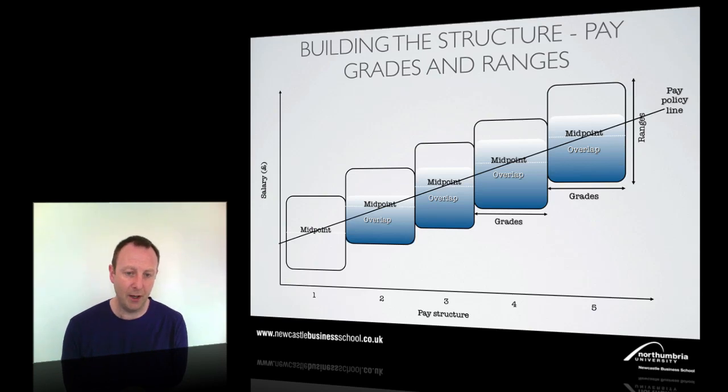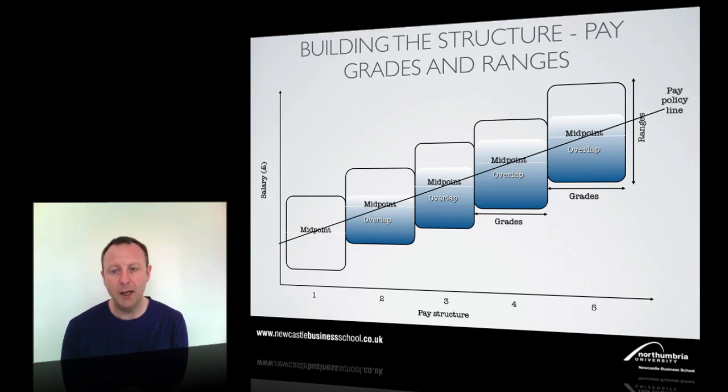And as we've talked about in other podcasts, the more hierarchical your scheme, the more individualistic, more competitive, more performance-driven types of behaviours we get. The greater degree of overlap, quite a lot of overlap in this particular example, the more egalitarian we might regard our structure as being. And of course, egalitarian schemes are associated with cooperation and other kinds of features that we've talked about in previous podcasts.